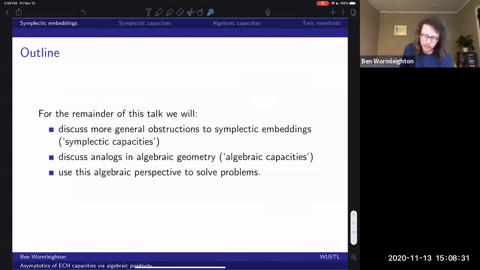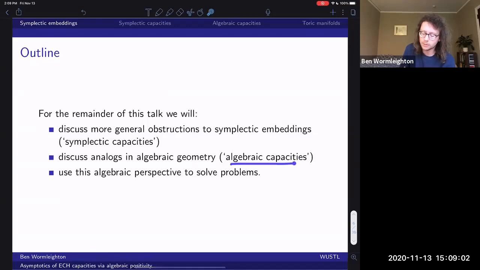Okay, so the general structure. Now I've set some common language. I'm going to start off by discussing more general obstructions to symplectic embeddings, focusing in on ECH capacities of Hutchings, and discuss what their analogs in algebraic geometry look like.